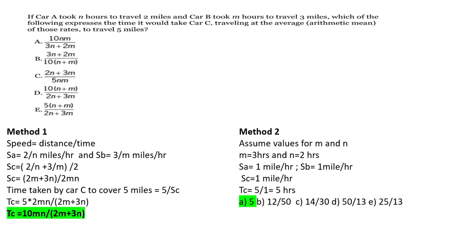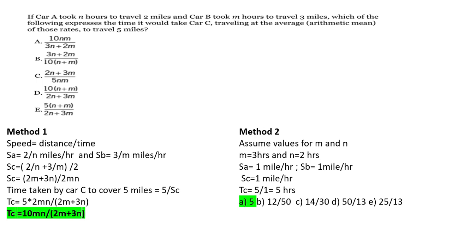which is option A. Now the second method to solve this is to plug in values. So rather than solving this in an algebraic way, we can use the options to quickly get around to the answer. So let's plug in values for m and n.